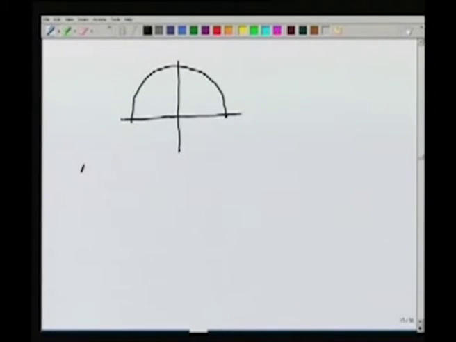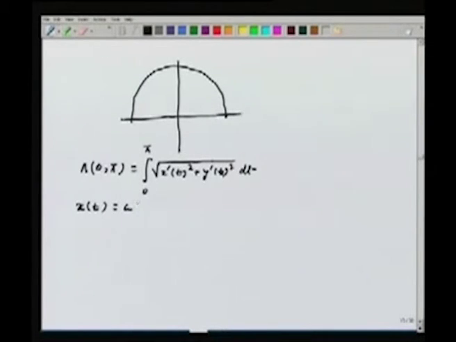By my formula, lambda(0,pi) is integral 0 to pi square root of x prime t squared plus y prime t squared dt. For me x(t) is a cosine t and y(t) equals a sine t, where t lies between 0 and pi.